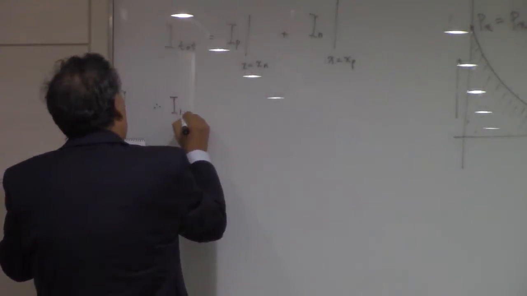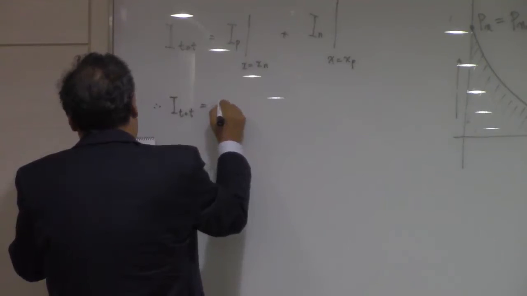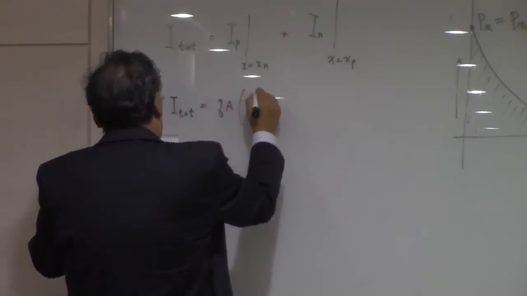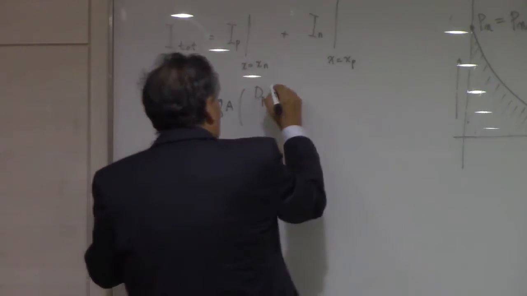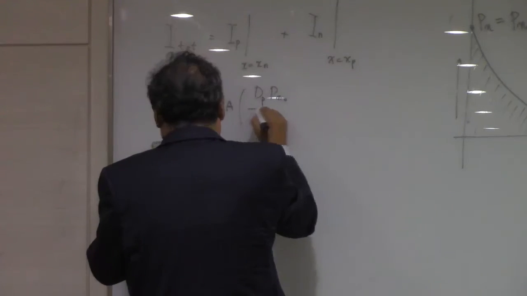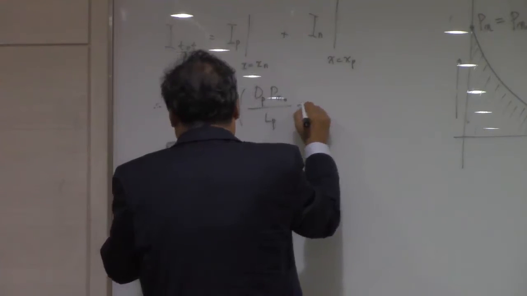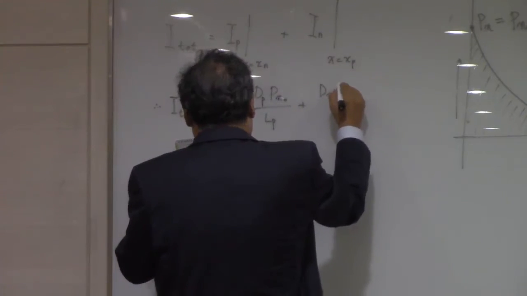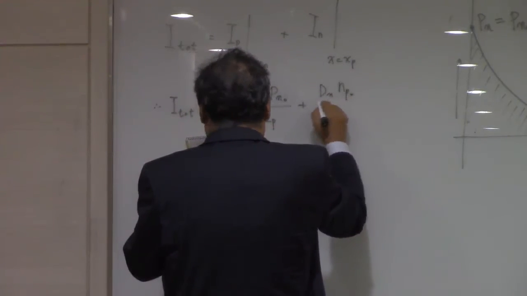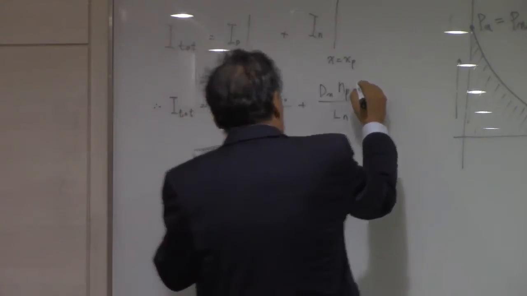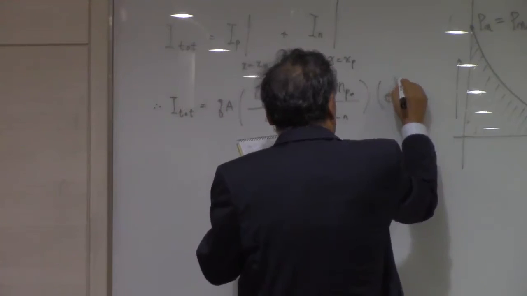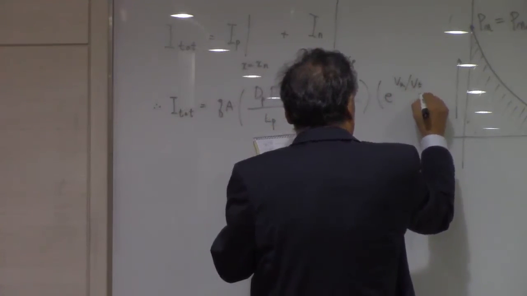And I total now is going to be QA times (Dp Pn naught over Lp plus Dn Np naught over Ln) times (e to the VA over VT minus 1).